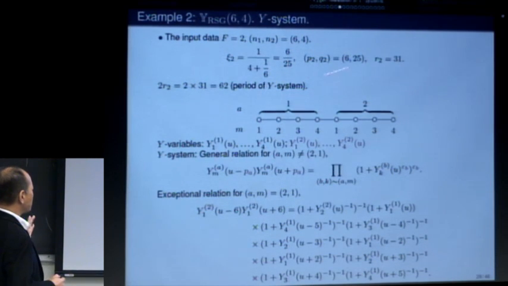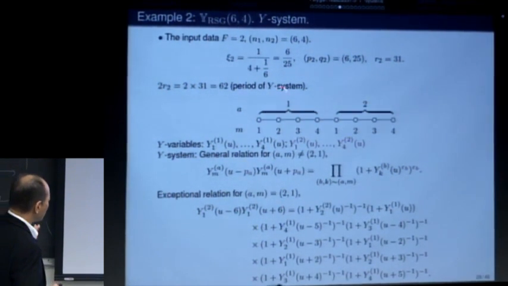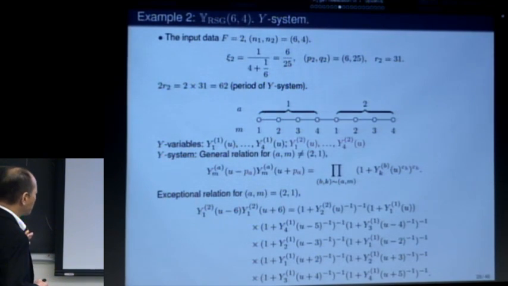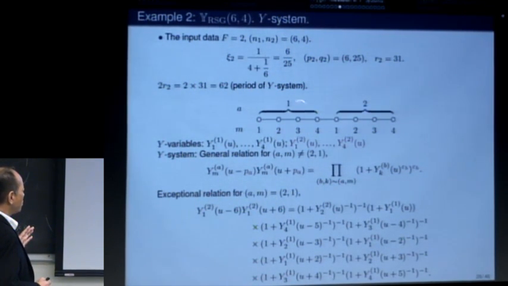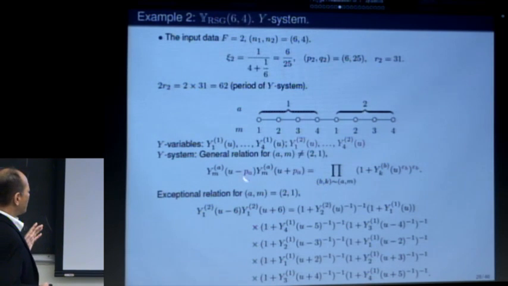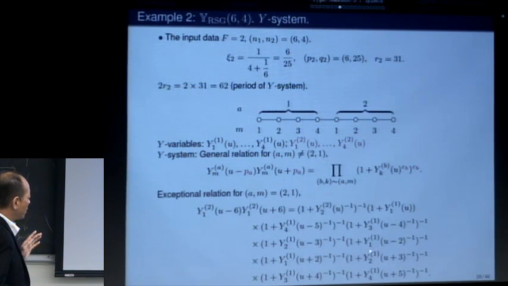I recall, it should be multiplied by 2, so 62 is the expected period of the y system. I recall this is the Dynkin diagram. We have two kinds of y variable: first generation and second generation. And we have a relation, and such kind of unclear relation.